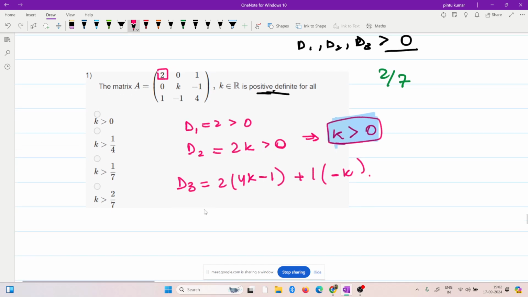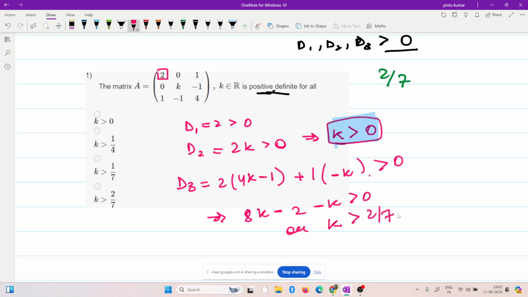So if we want this to be strictly greater than 0, this implies that 8k minus 2 minus k is greater than 0, or k is strictly greater than 2 by 7. So now this is another condition that we have obtained.